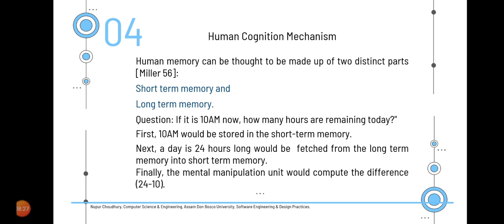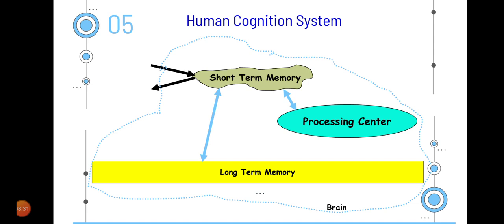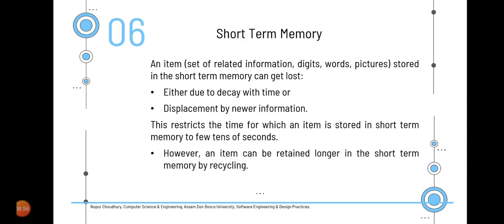If you analyze this in a schematic diagram, you will see something like this, where in your processing center, initially the short-term memory is triggered first, and the short-term memory triggers the long-term memory in order to respond to a particular question. So basically, both of these memory sections are put into use.